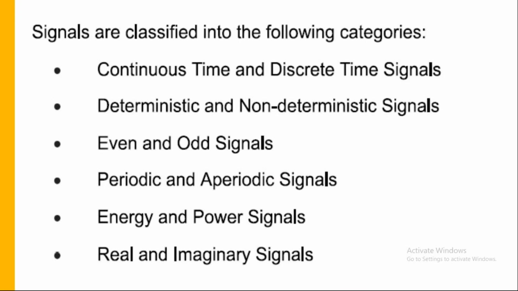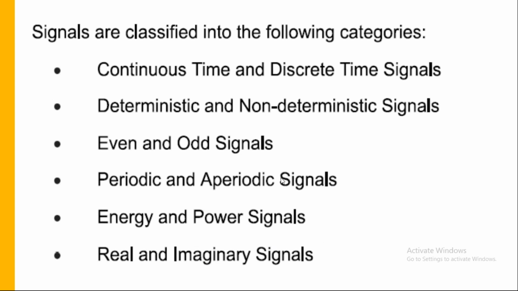Now, if you observe this, signals are basically classified into the following categories. We have continuous time and discrete time signals, deterministic and non-deterministic signals, even and odd signals, periodic and aperiodic signals, energy and power signals, real and imaginary signals.